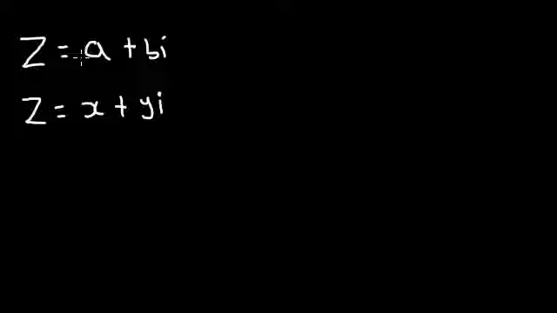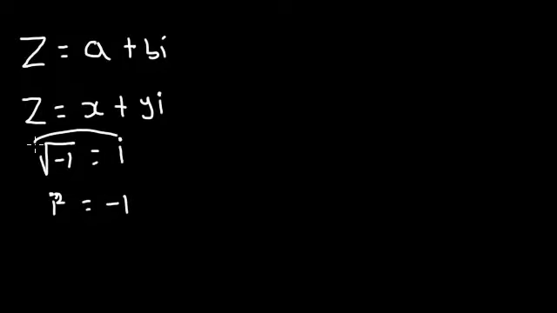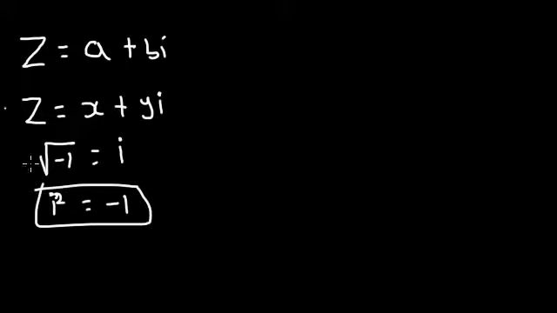Now, secondly, we said from the introductory video that the square root of -1 is equal to i. Now, what will i squared be? i squared will simply be equal to -1, because by the time we take the square of both sides of this equation, we are left with this.